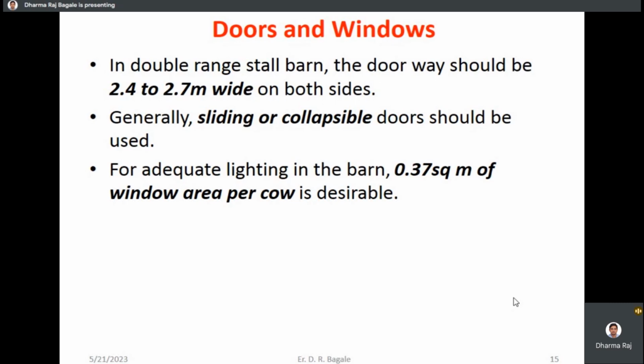And in case of window, 0.37 square meter of window per cow is desirable for lighting, and we can build a common window for 2 or 3 cows at a time, but the space per cow should be at least 0.37 square meter for sufficient ventilation and lighting.